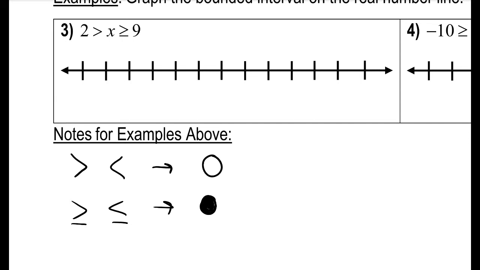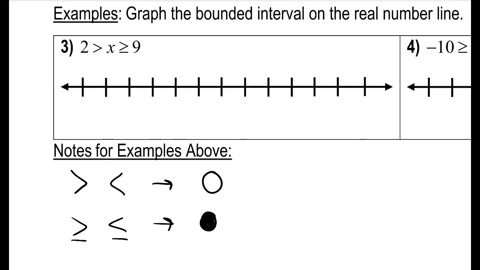Because again, open means we are not including that number, and closed means we are. So looking at number 3, since we have a number line with no numbers, I can write these numbers anywhere I please. So I'm going to go ahead and just write 2 right here, which would make 3, 4, 5, 6, 7, 8, 9. I always write the numbers first, but you don't have to.